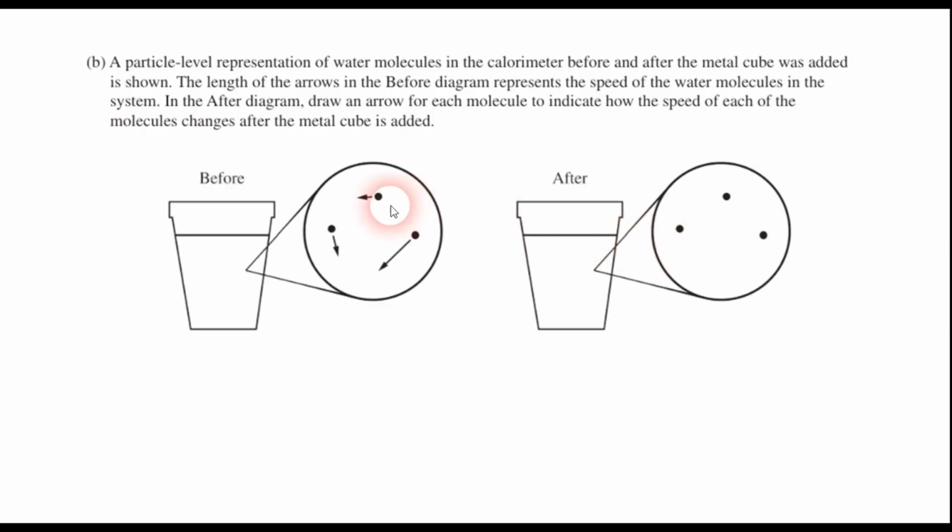So notice that in the before diagram, we have different molecules moving at different rates, but notice that when the molecules are warmer, after we drop the metal cube in there, the water is going to get warmer, which means that the molecules, on average, are going to be going faster. So I've basically drawn each of the arrows a little bit longer than they were before. They don't all have to be the same length, but they do need to be longer than they were in the before image. So that's part B.